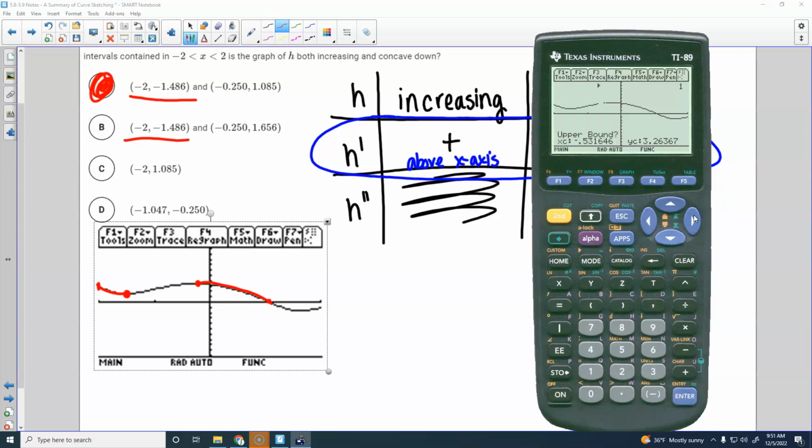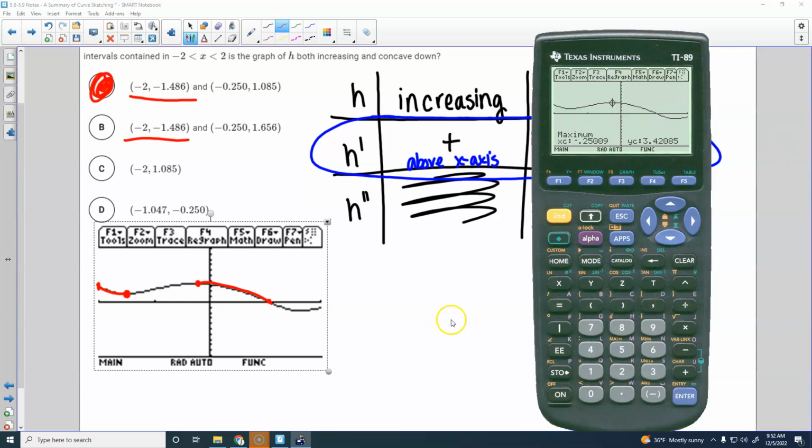And upper bound means to the right side of where you think that maximum point is. And you can see we get negative 0.25009, which is what we have right there at that point. And I could do a minimum for finding this point right here. What would I need to do to find this point? 0.